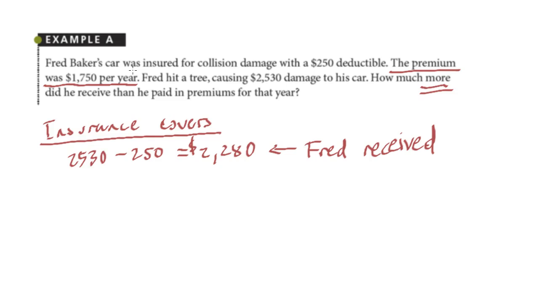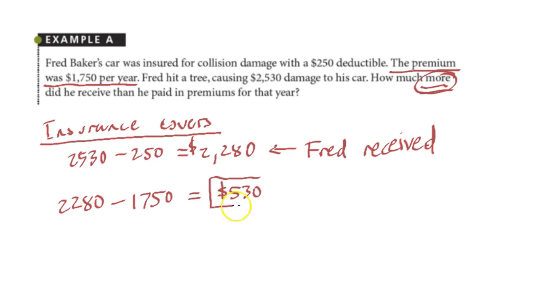So if we wanted to figure out how much more, we have to take that $2,280 and then subtract how much he paid in premiums, which leaves how much more he received. So that ends up being $530. So he received $530 more from the insurance.